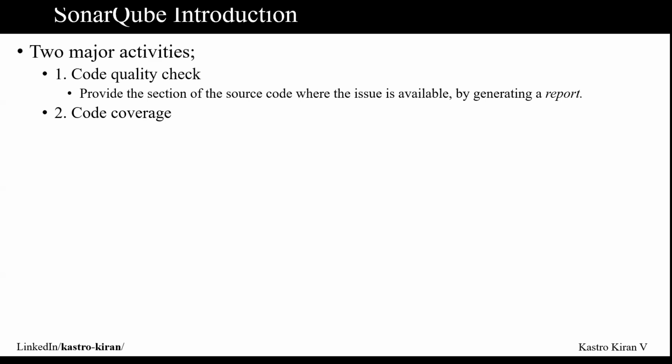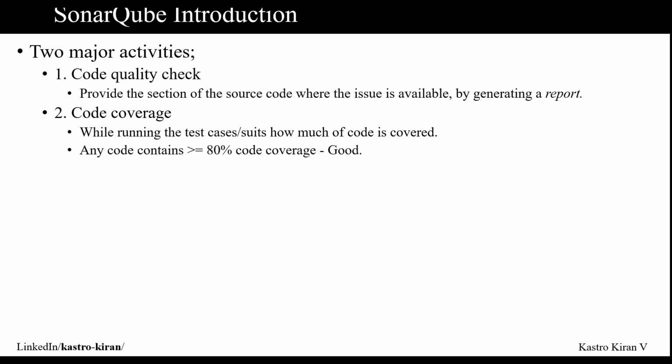That aspect is called code coverage. Usually the code coverage should always be greater than or equal to 80%. If 80% of the code is covered, then we can say the code is good code, or the performance is good. So this also we are going to see.